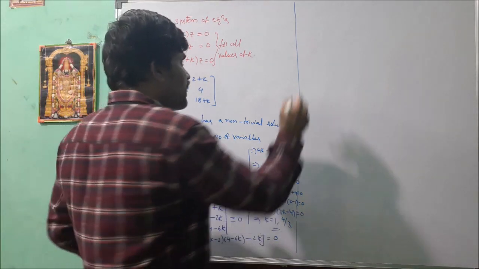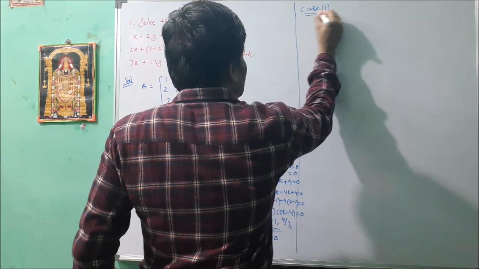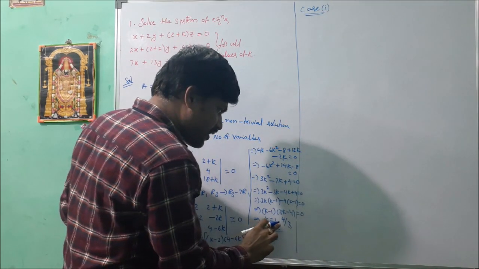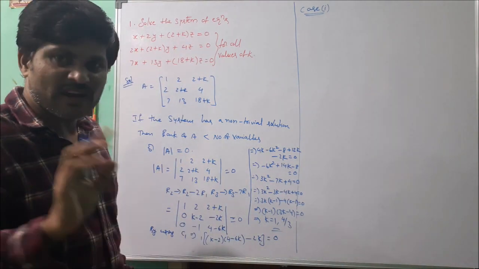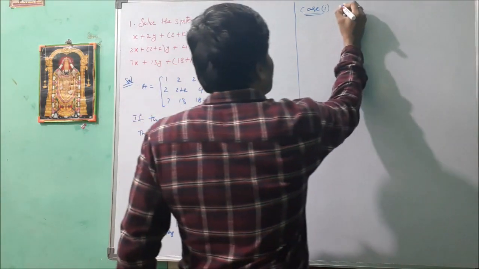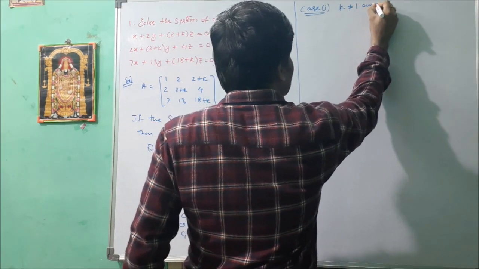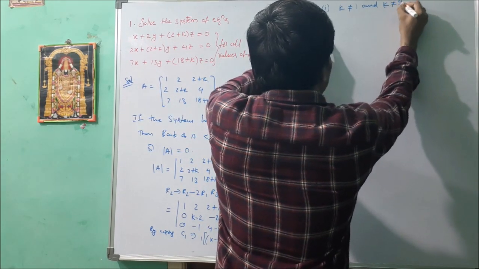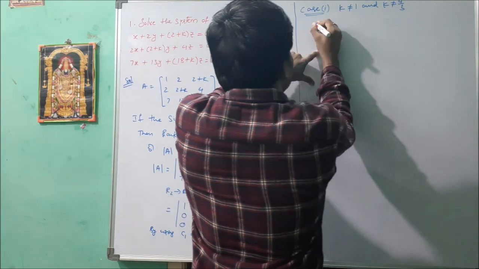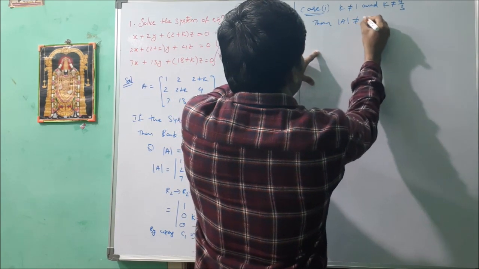So now we take case 1. If k is not equal to 1 and k is not equal to 4 by 3, then the determinant A is not equal to 0.